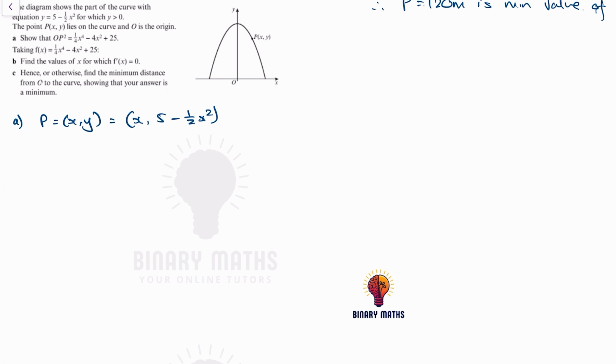Okay, so that means if I draw a line, if I want to work out O to P, then using Pythagoras, I know this is x and this is 5 minus half x squared.